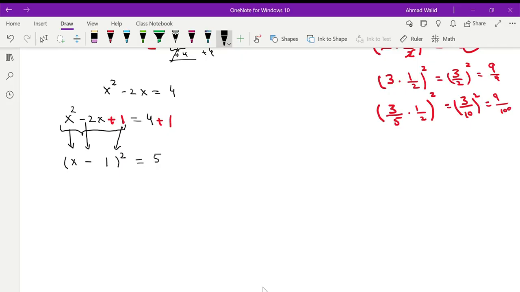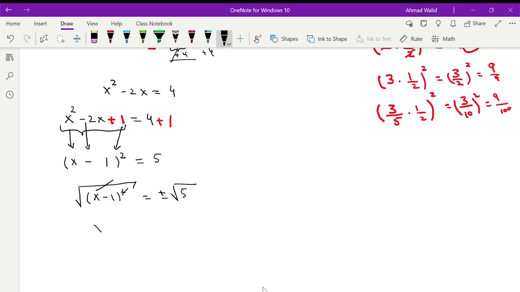Now, this equation is really easy to solve. To solve an equation, take the square root of the right side and take the square root of the left side. Square root of x minus 1 all squared equals plus minus the square root of 5. Cancel the square with the square root.